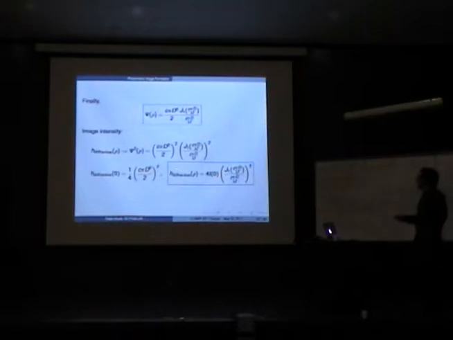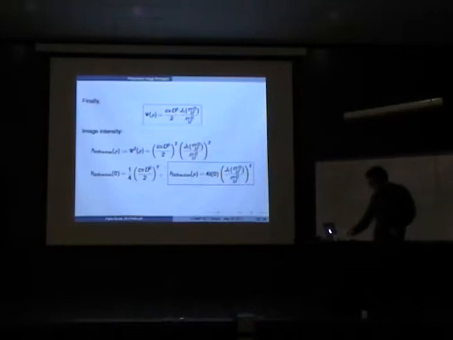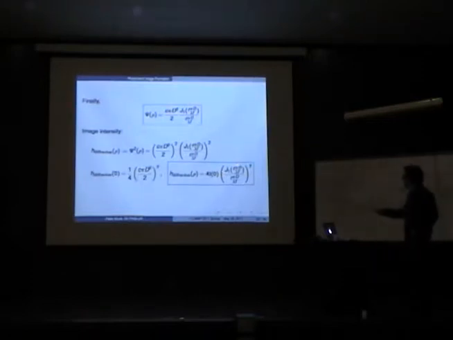Okay? It has this shape, these J functions here. J1 is the Bessel function of the first kind and of order 1. So basically the shape of this is J1 of x divided by x, squared.